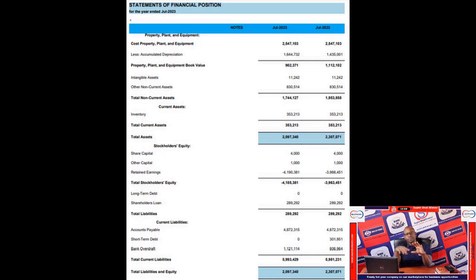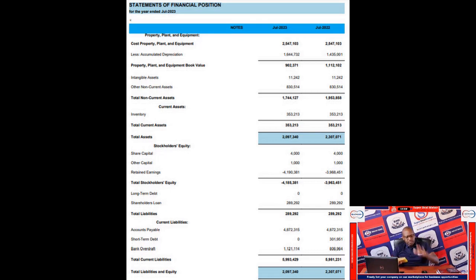As I've shown you on the balance sheet, you have the top section, which is the assets. You put all your assets on one side, then your liabilities and equity on the other. For example, let's say these books and the Kindles are your assets.